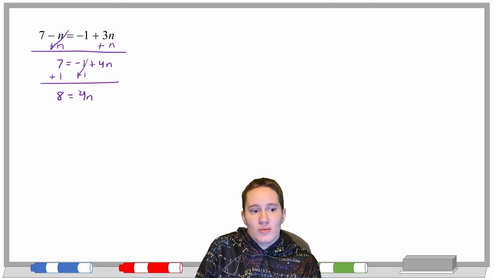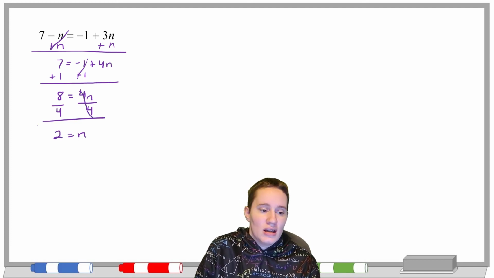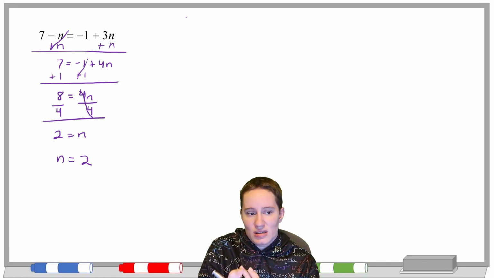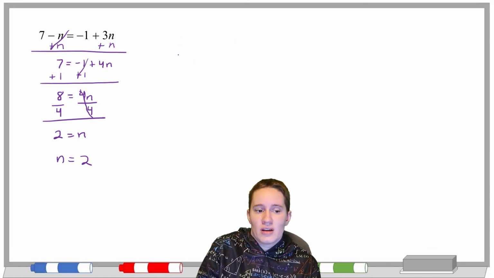And now I've got 8 equals 4n, so I'm going to divide both sides by 4. So that means that n equals 2. And I have this as 2 equals n. That's the same, by the way, as n equals 2, because there's a property for equations that you can just switch the sides as long as you don't change anything else about them. So in case you were wondering about that, yeah, it's the same thing.